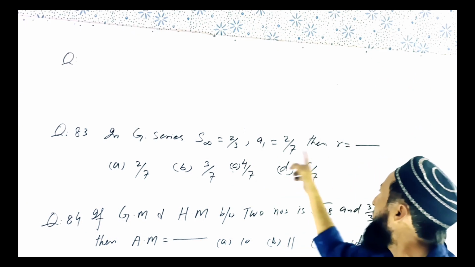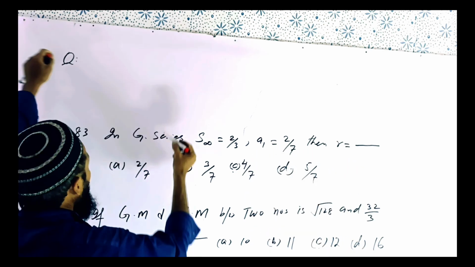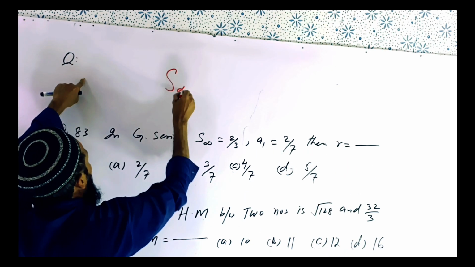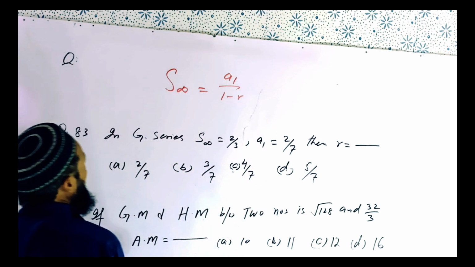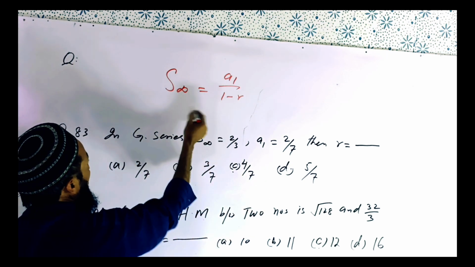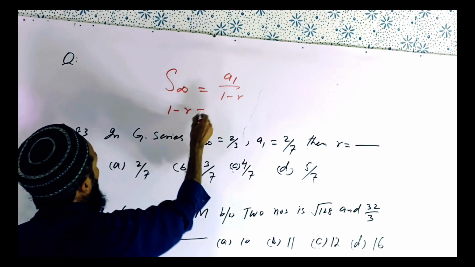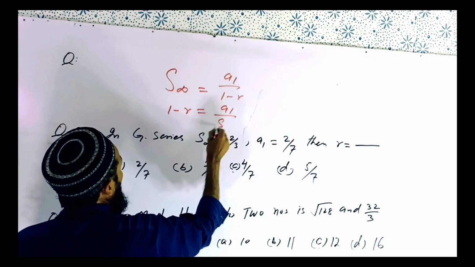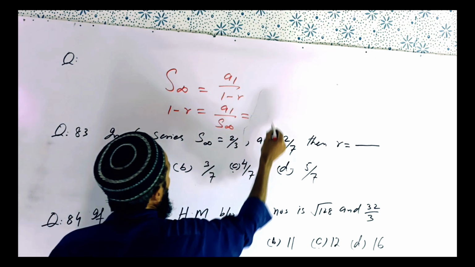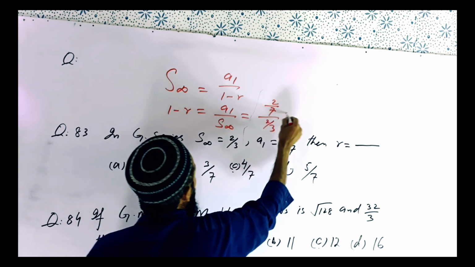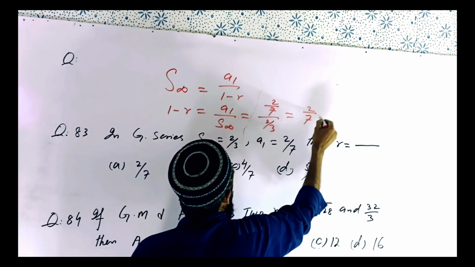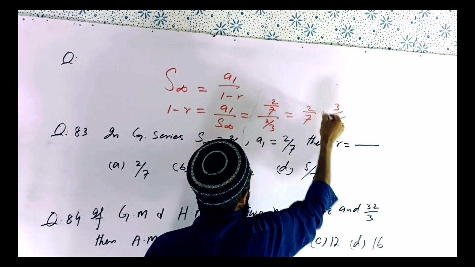The first term is given, then what is the common ratio? The formula for the sum of an infinite geometric series is a1 divided by 1 minus r. If we take the cross multiplication, 1 minus r is equal to the ratio. Here the first value is given as 2 divided by 7 and the sum is 2 divided by 3, so 2 divided by 7 and 3 divided by 2, both are cancelled.